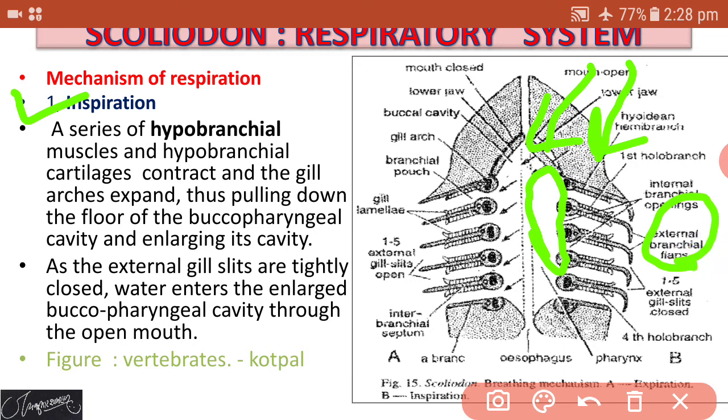These external branchial flaps shut all the external gill openings, and due to this the pressure in the buccopharyngeal cavity automatically decreases, so the water rushes into the body through the wide open mouth. This process is called inspiration. Taking in water is called inspiration in the case of Scoliodon.